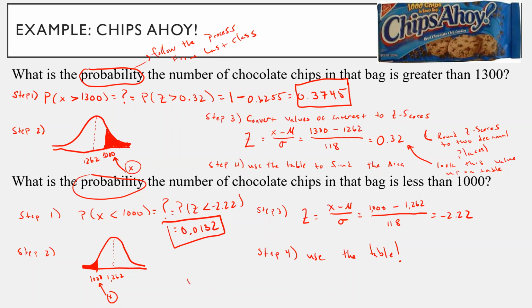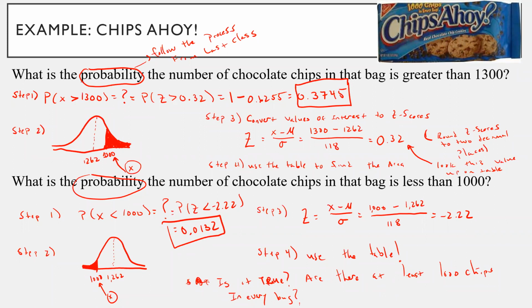All right, so let me ask you this question. Knowing that, is it true? Are there at least 1,000 chips in every bag? Yes, maybe a small percentage.